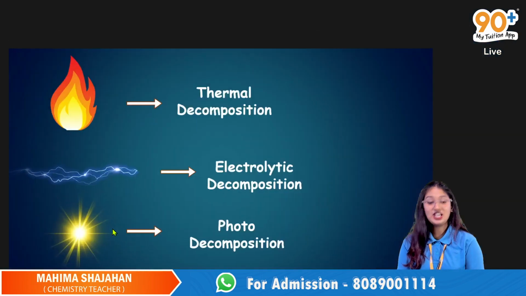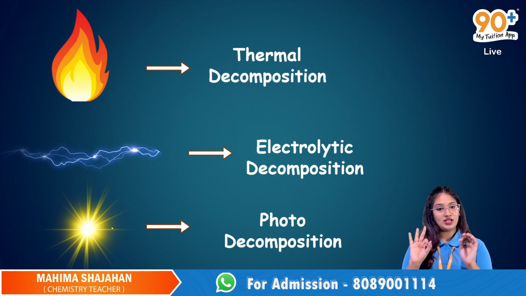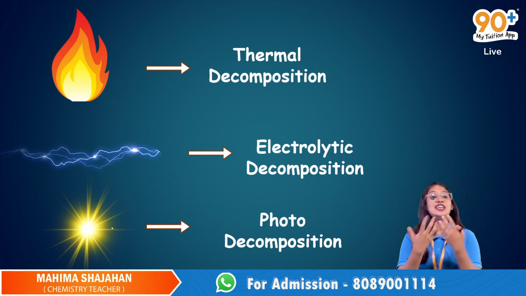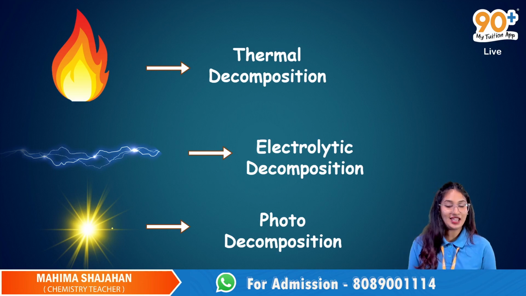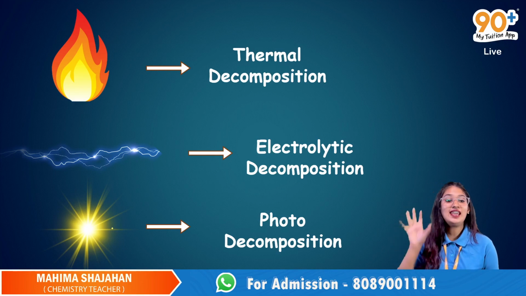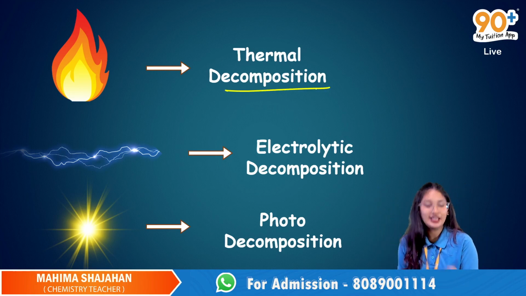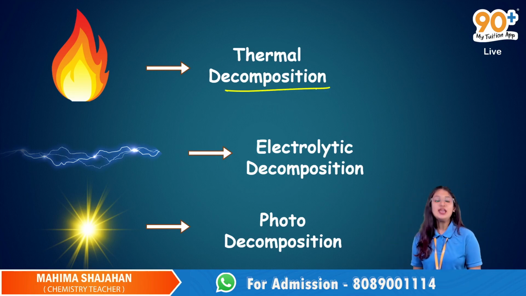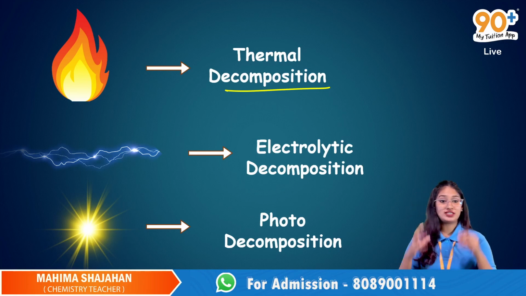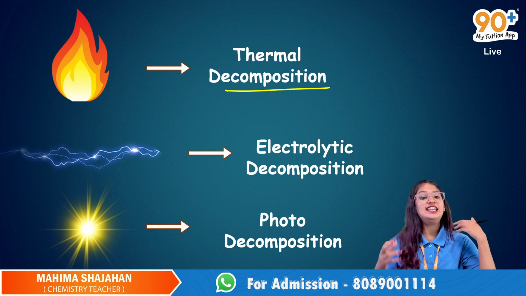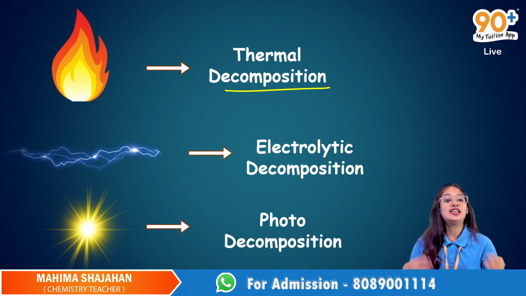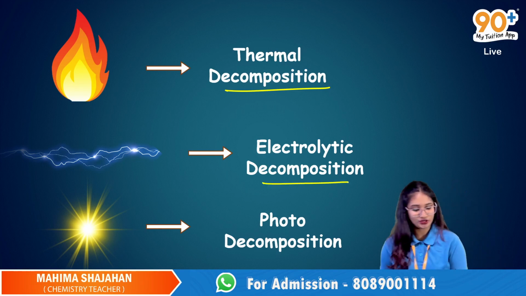Now this decomposition reaction is of 3 types. We can carry out decomposition by giving heat. The decomposition reaction taking place using heat is said to be thermal decomposition. If the decomposition is carried out by passing electricity, it is called electrolytic decomposition.